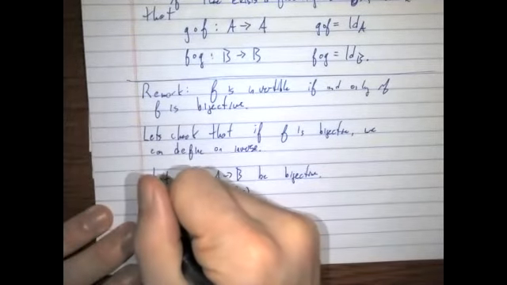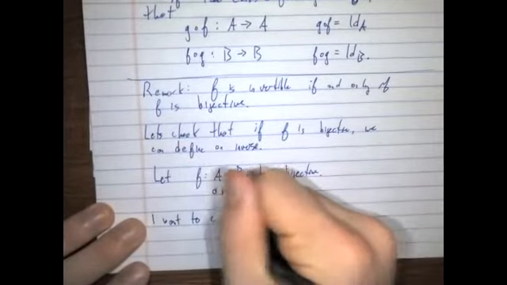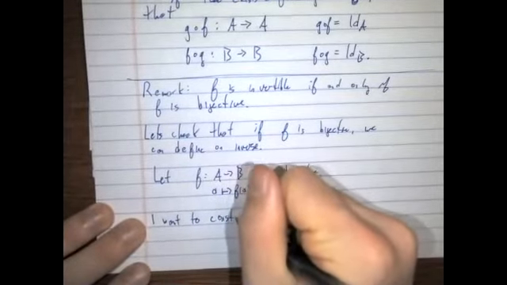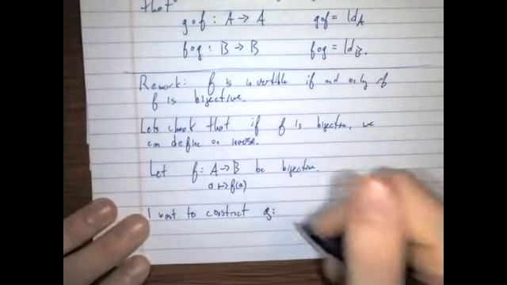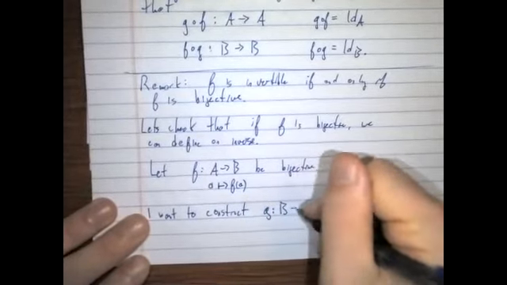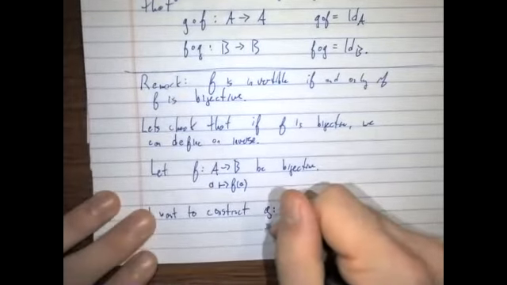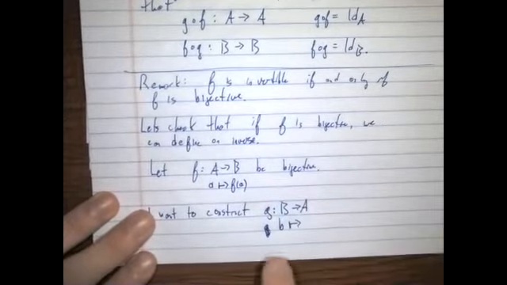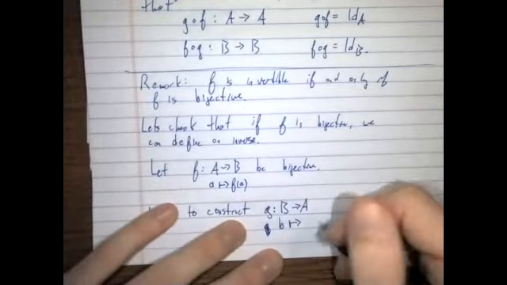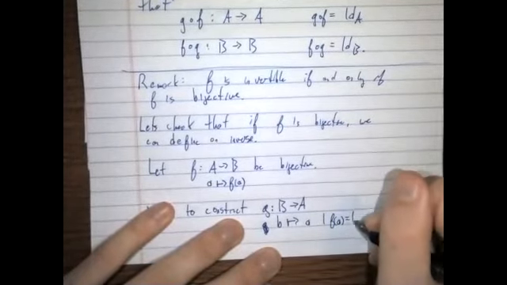So now I want to construct an inverse function. I want to construct g from B to A with the following properties. G is going to send b to the element a such that f of a is equal to b.